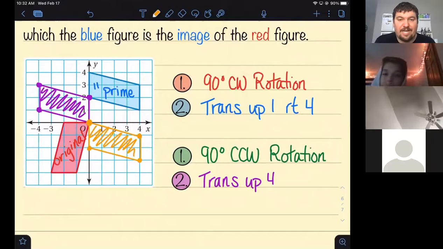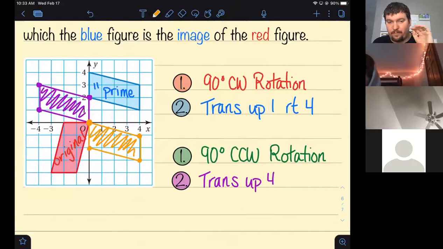Questions on that? Now, I'm not going to ask you on a quiz to give me 2 or 3 or 4 different sequences. All you need to come up with is one. So if you can figure out one way that gets you from the red to the purple to the blue, or from the red to the orange to the blue, then that's all you'll need to be able to do.